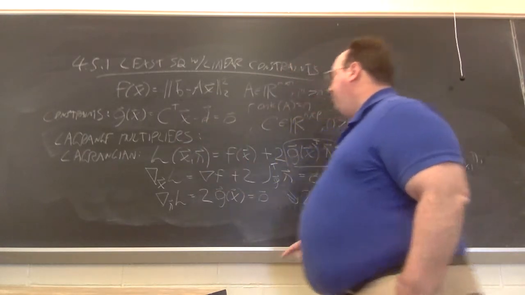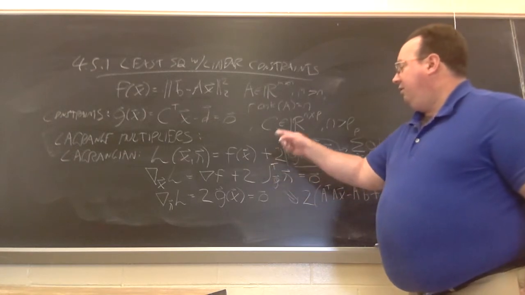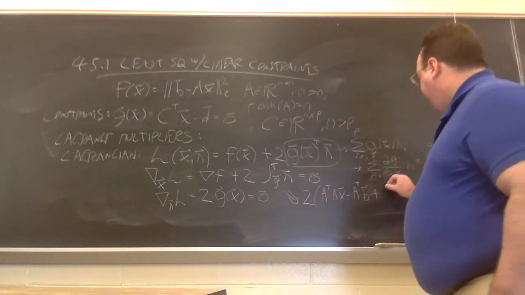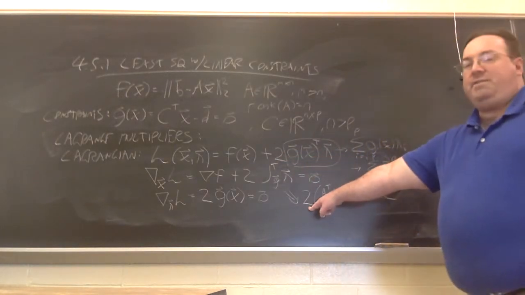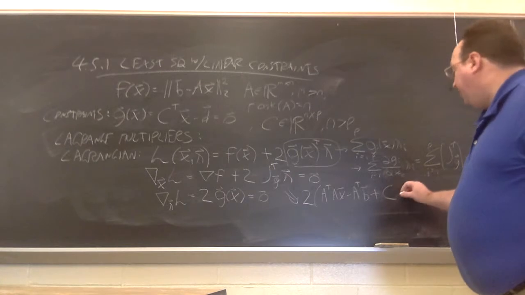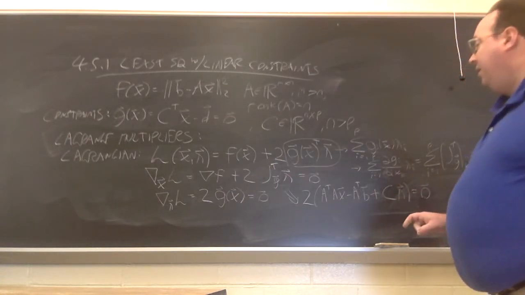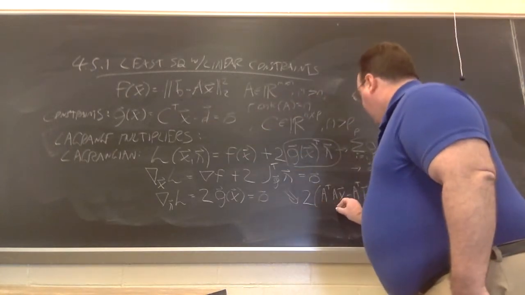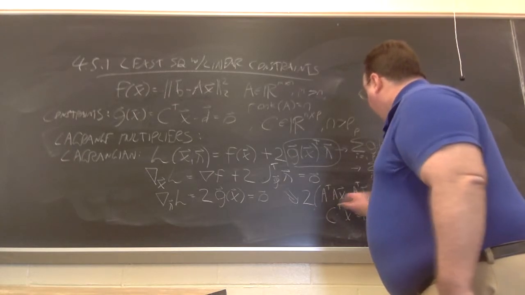That's going to be C transpose. So it's going to be C transpose transpose, which will give us just C. And the factor of 2 is already factored out. So it's just going to be C times lambda. So that must be equal to 0. And then the constraints must be satisfied. So C transpose x must be equal to d.